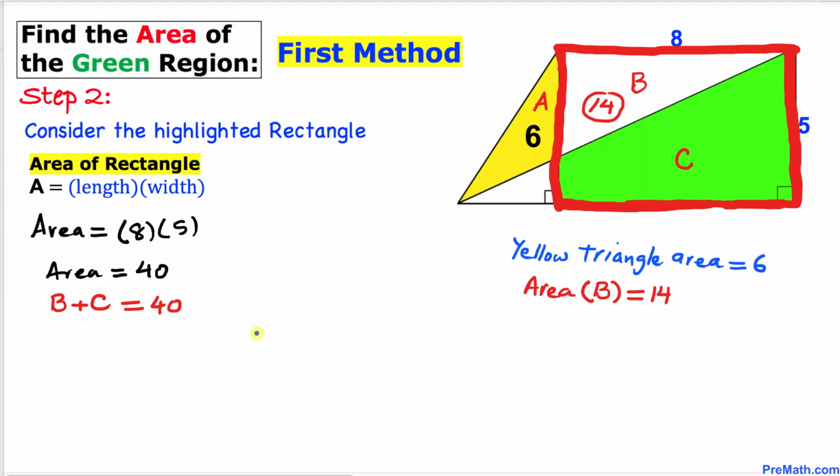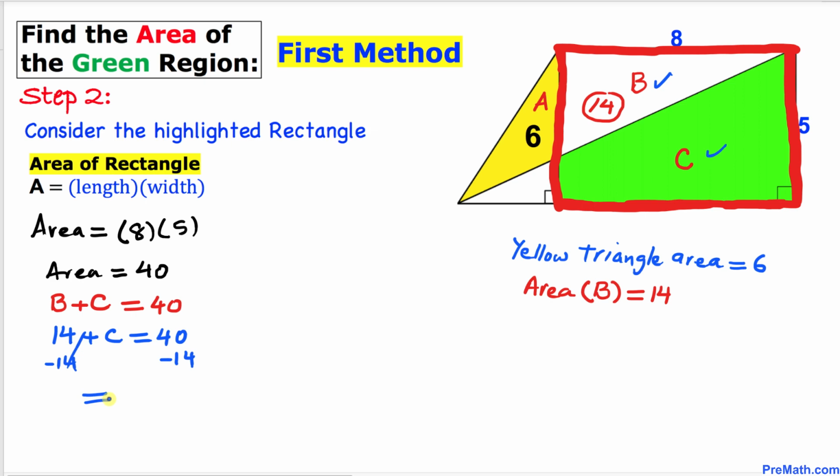And we know that this area is represented by the combined area of B and C. No wonder I put down B plus C equals 40, but we know our B value is 14. So let me go ahead and replace B by 14, plus C equals 40. Let me go ahead and subtract 14 from both sides.